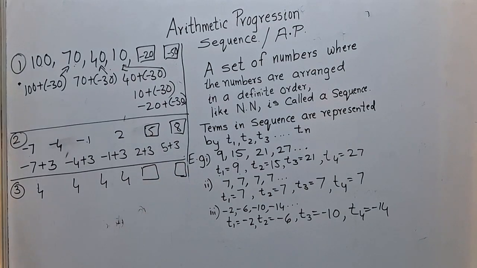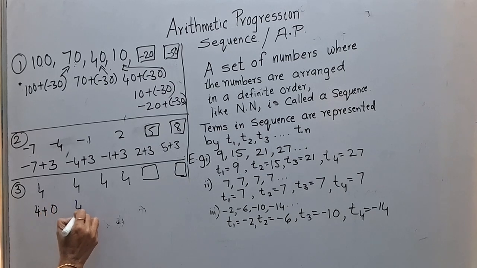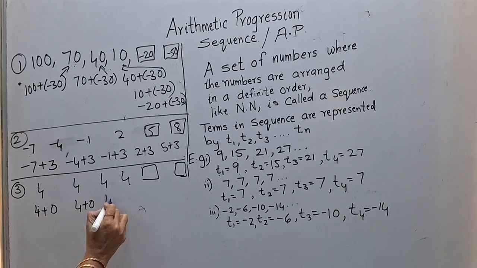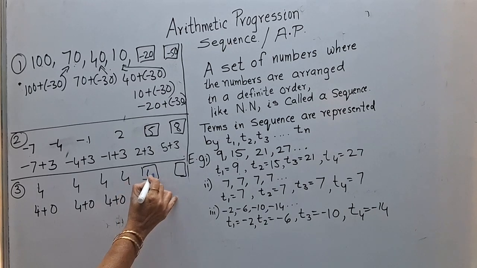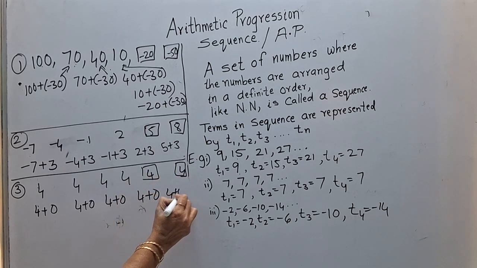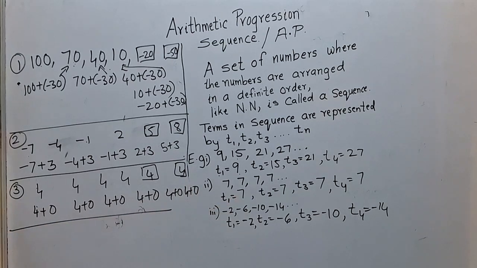Again, what are you going to add? 0. 4 plus 0 I will get 4, again 4 plus 0 I get 4, and so on. Just like this one.